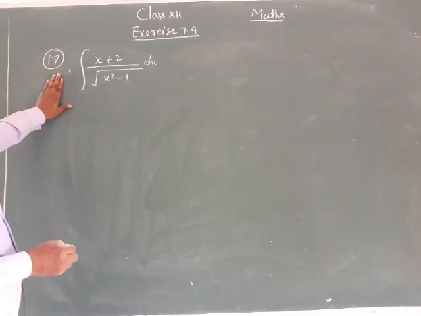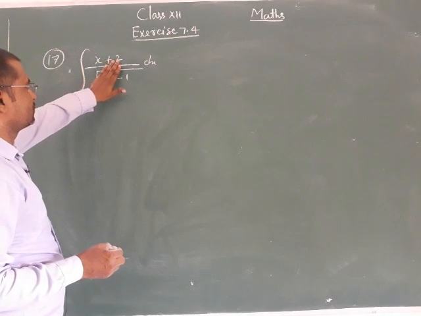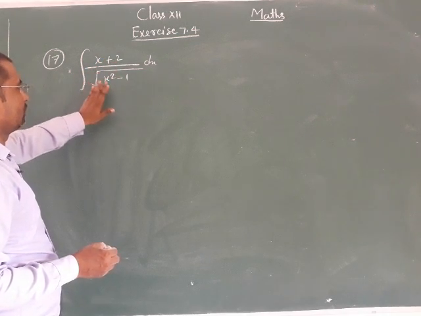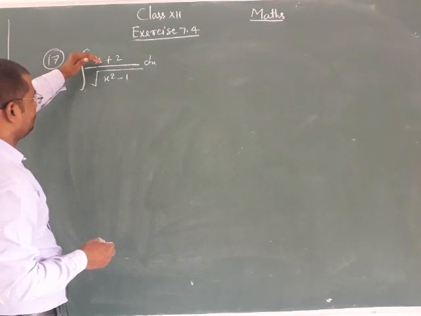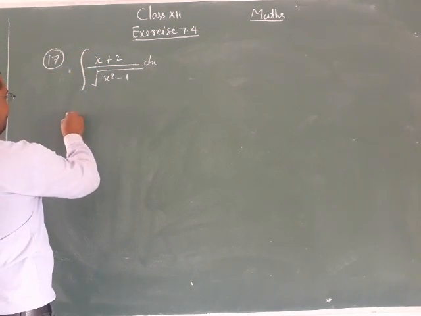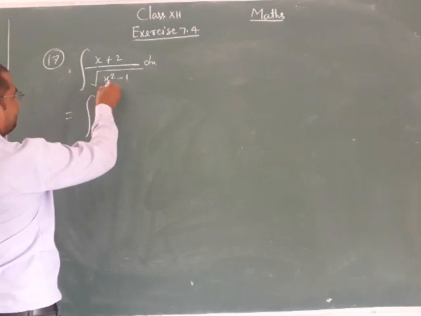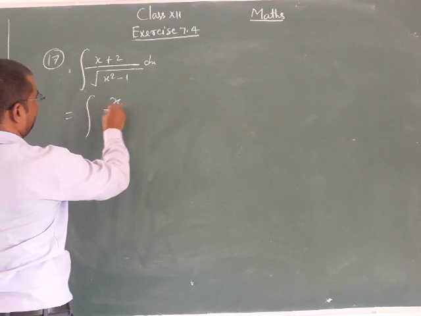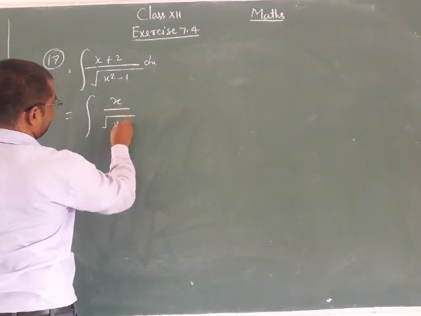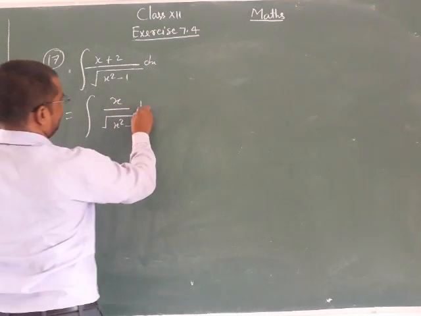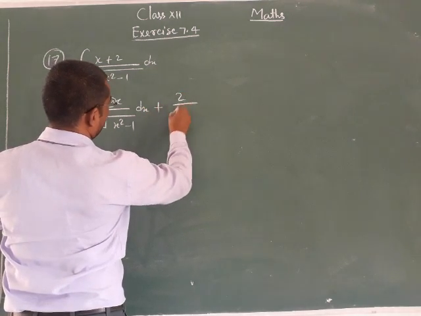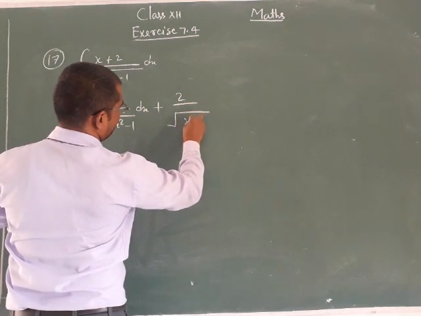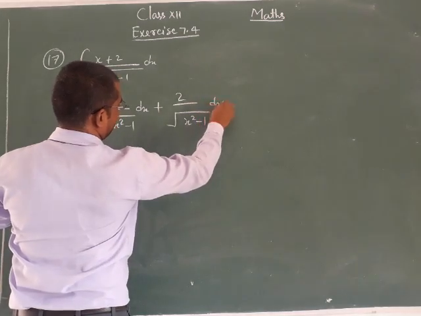Question number 17. Integral of x plus 2 upon square root x square minus 1 dx. By separating, we get x upon root x square minus 1 dx plus 2 upon root x square minus 1 dx, integration.